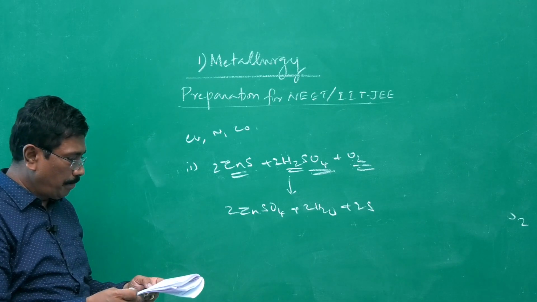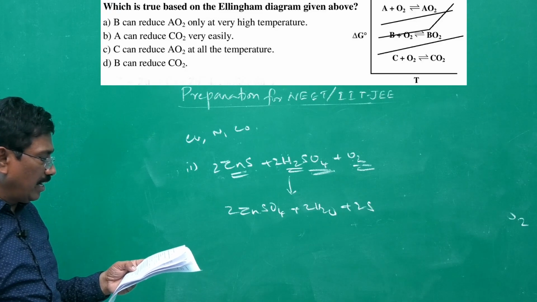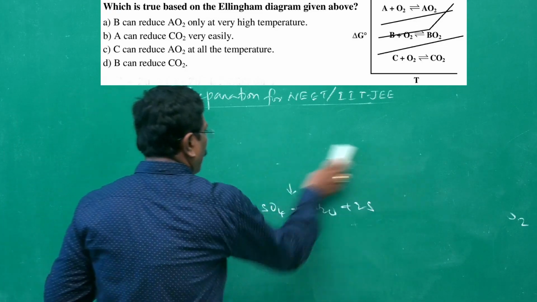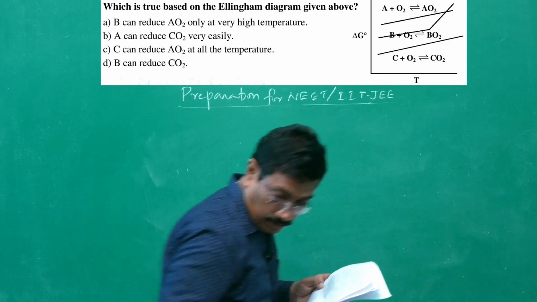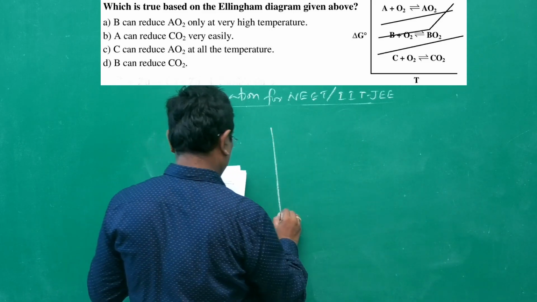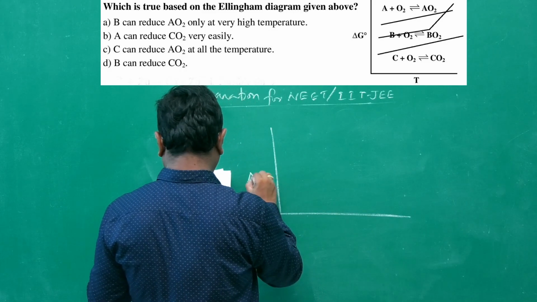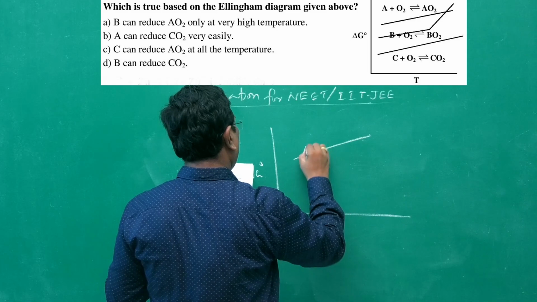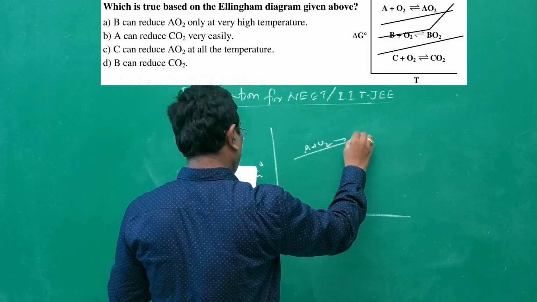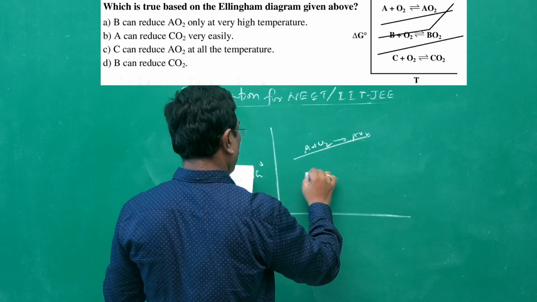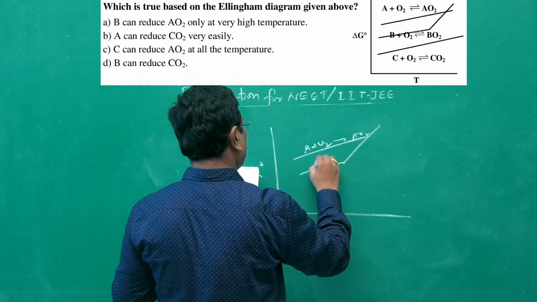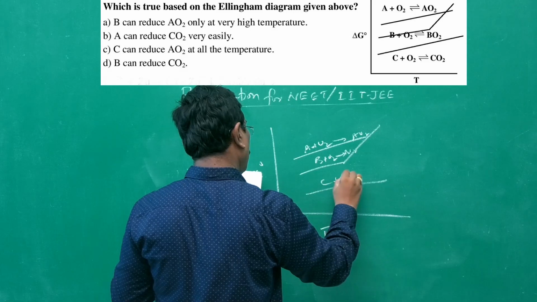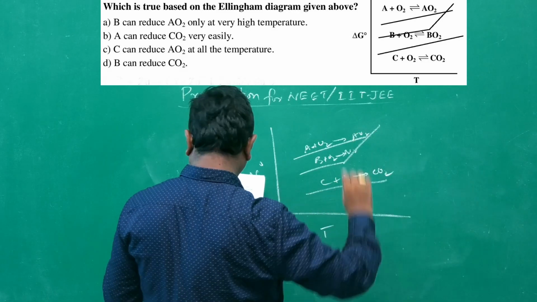Then finally, which is true based on the Ellingham diagram given above? So, the Ellingham diagram you are given with delta G naught against T. A plus O2 gives AO2, B plus O2 gives BO2, C plus O2 gives CO2. These are the three equations given.